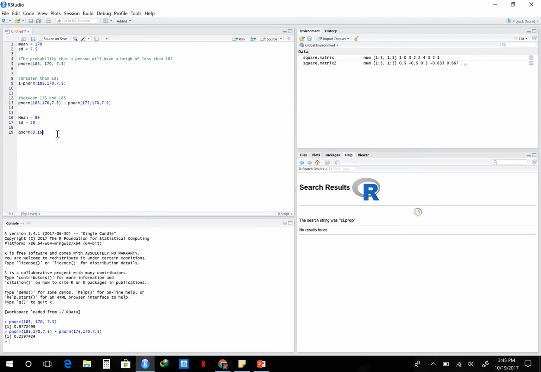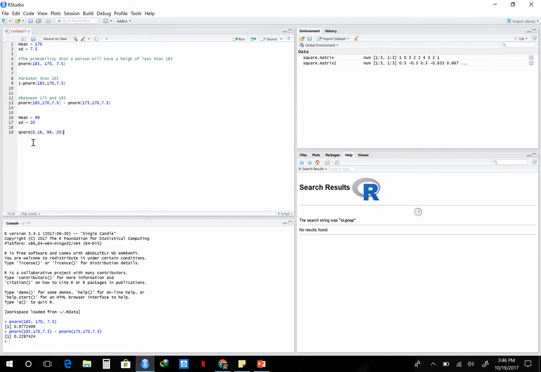So it will be 0.16. And then the mean and the standard deviation. So all that's different is this first number. For q-norm, it's going to be the percentile, and for p-norm, it's going to be the value that we're looking for.